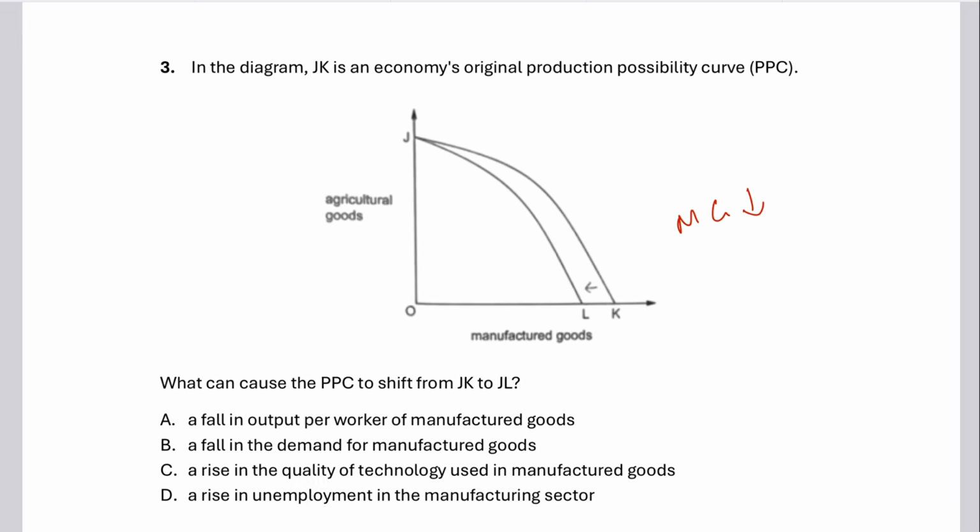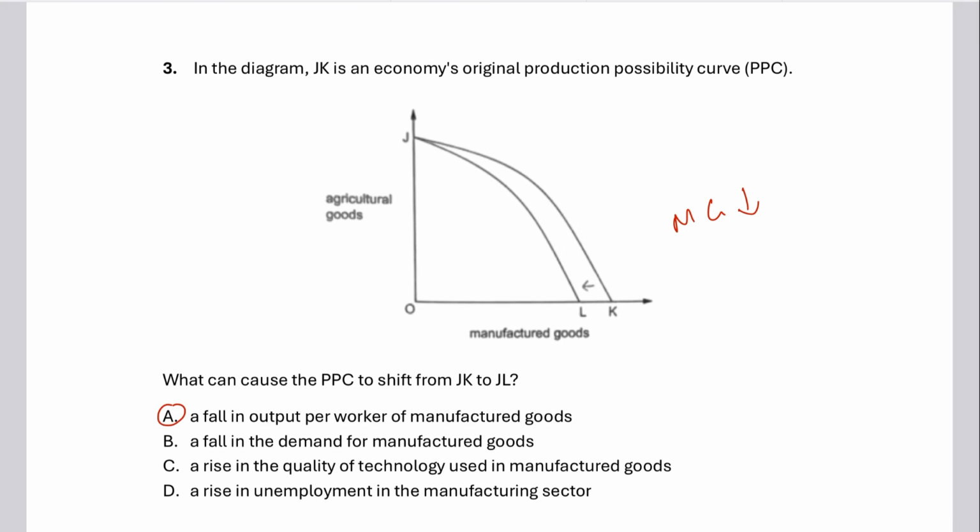So the correct answer for question number 3 has to be A, a fall in the output per worker of manufactured goods, because a fall in the productivity of the workers of manufactured goods would reduce the productive capacity. Each worker would now be able to produce less of manufactured goods, right? So it's going to shift the productive potential of the manufactured goods inwards because less manufactured goods are now produced. So that makes A the correct answer.